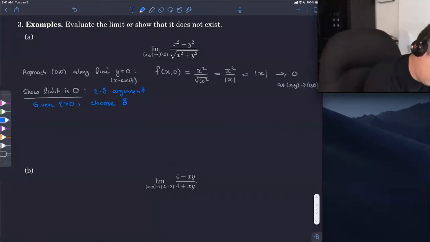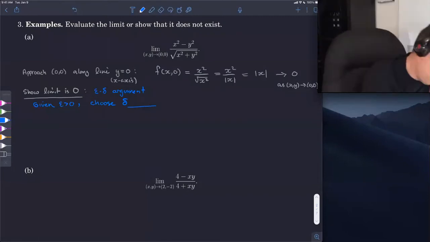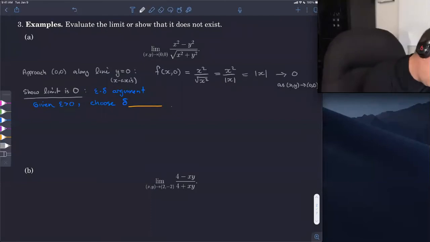So I'm going to choose delta to be, and I'll fill in the blank after. This is where it kind of looks like magic. I don't know how to choose it just yet. Maybe I'll put it in a brighter color here. Got to come back and fill in that blank. Okay, so we choose our delta.